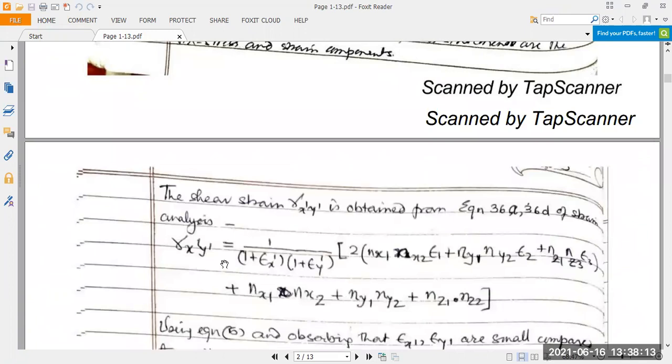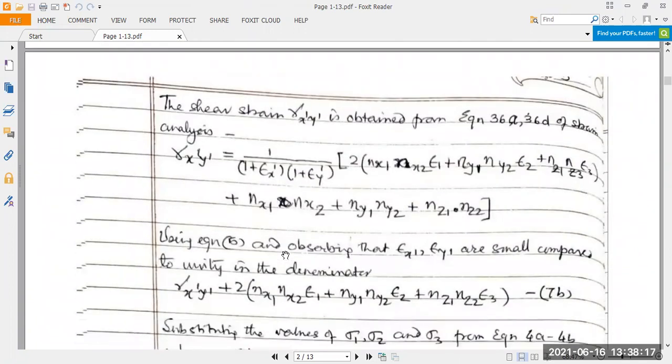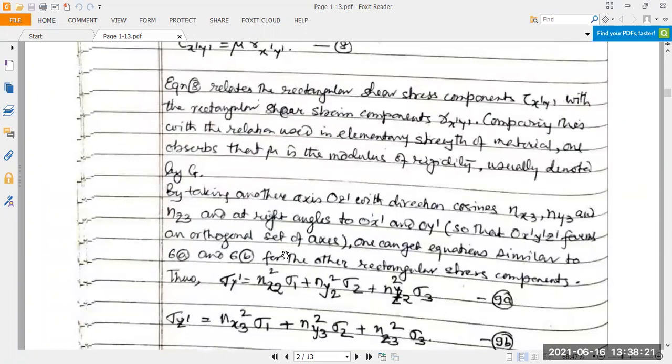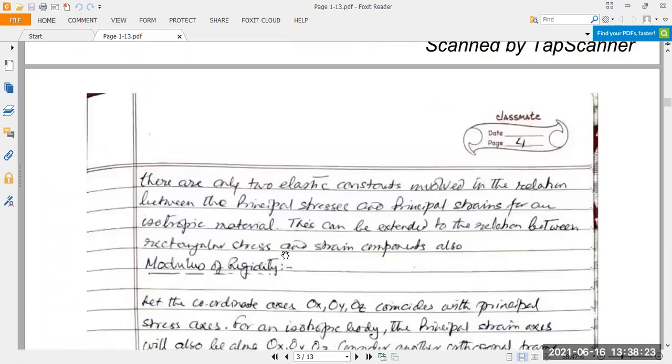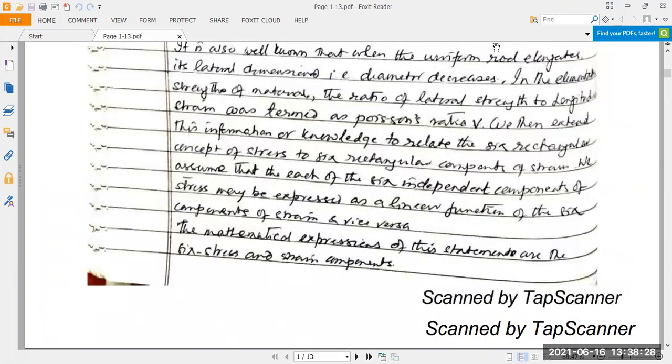This is given by again Cauchy's analysis.